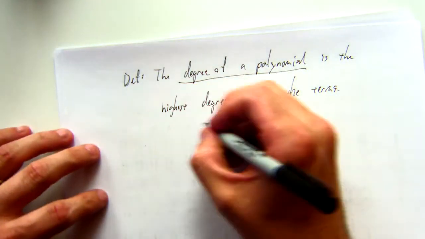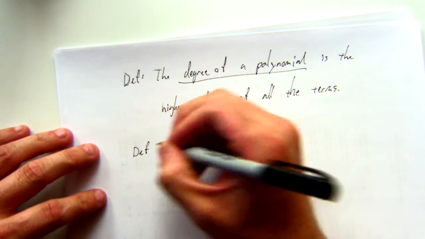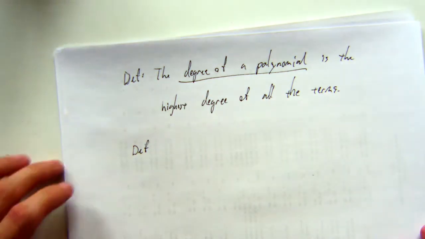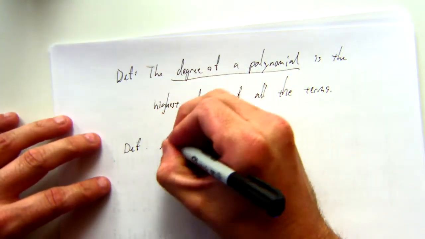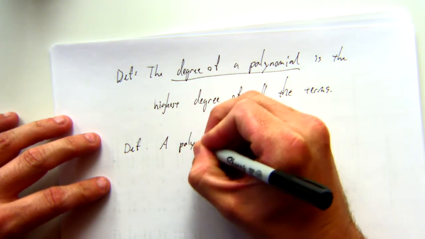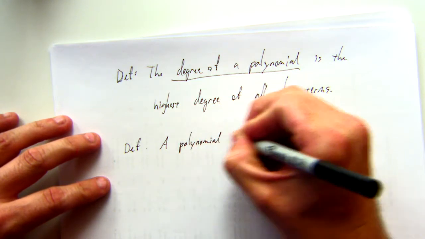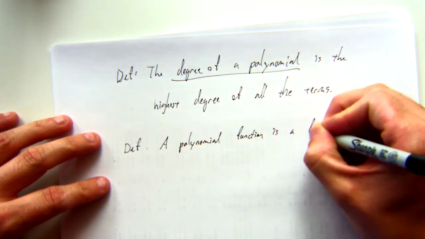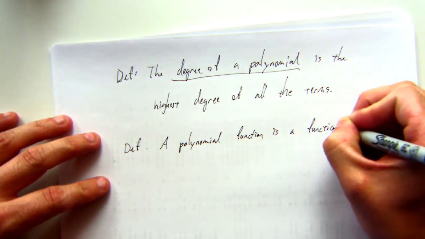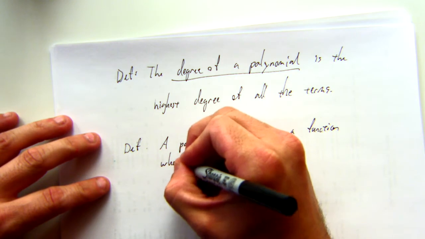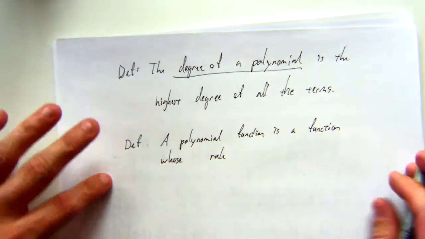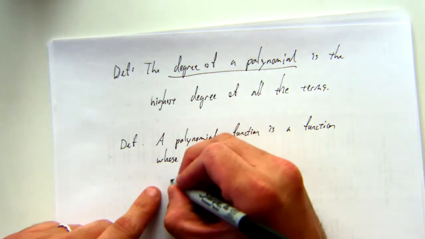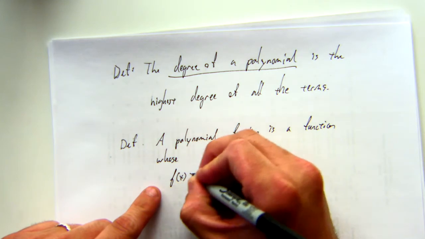And finally, one more definition, then we'll get into some using all these things. A polynomial function is a function whose rule, remember we talked about functions, something like this, right?